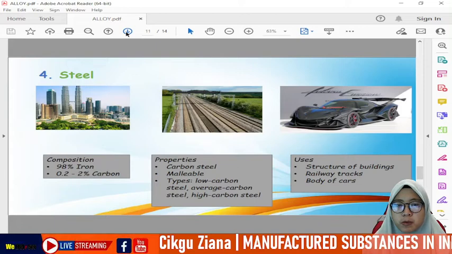For steel, the composition is 98% of iron and 0.2 to 2% of carbon. The properties are that carbon steel is malleable, and the types are low carbon steel, medium carbon steel, and high carbon steel. The uses are for structures of buildings, railway tracks, and bodies of cars.